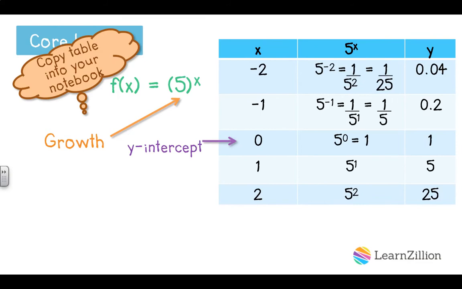So with this chart, if we're going to look at f of x is equal to 5 raised to the x power, it's growth, because the b is greater than 1, your y-intercept is still at 0, 1, and all of the work that needs to be done, you need to work through that middle column so that you understand how to make those tables or where those numbers are coming from. So next, remember you can pause this video and copy over what you need to have.